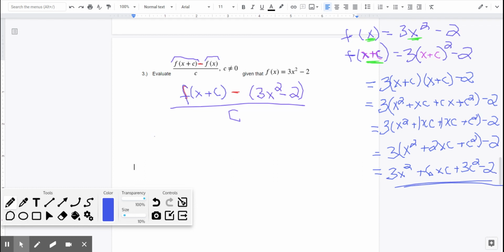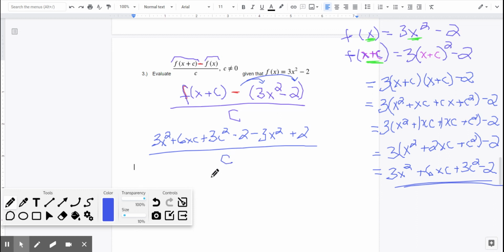So I'm going to go in here and replace with 3x squared plus 6xc plus 3c squared minus 2. I'm going to distribute this negative to make it minus 3x squared to make it plus 2. And then if you've done this correctly, things should cancel and things should reduce. So go ahead and finish that problem.